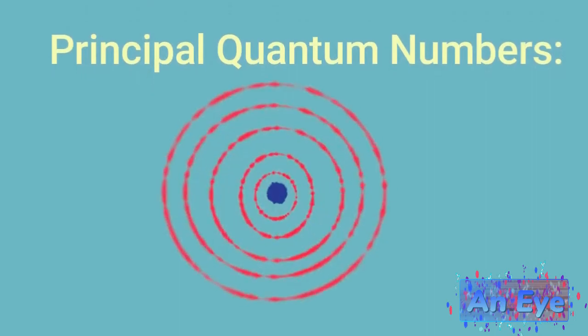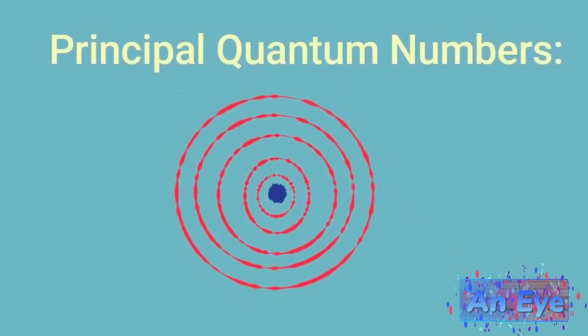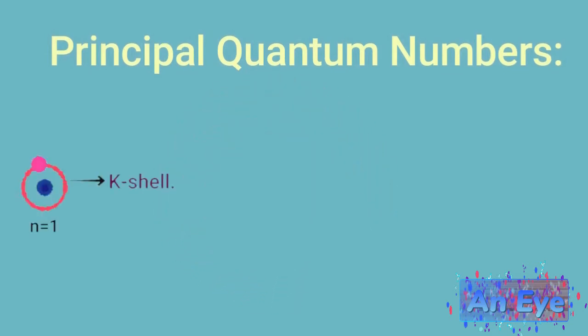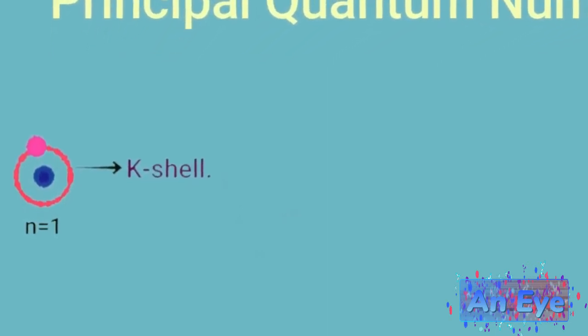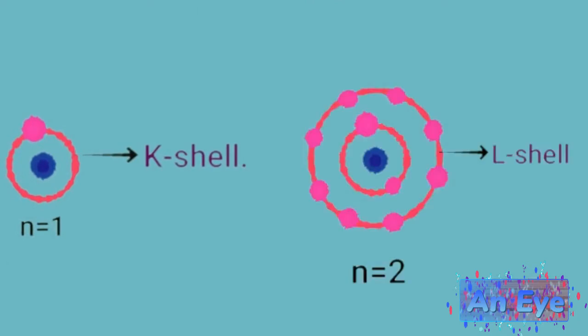And principal quantum number describes the energy of an electron, and the most probable distance of the electron from the nucleus. For example, an electron present in first orbital, or K shell, will have a lower amount of energy compared to the electron that is present in second orbital or L shell.